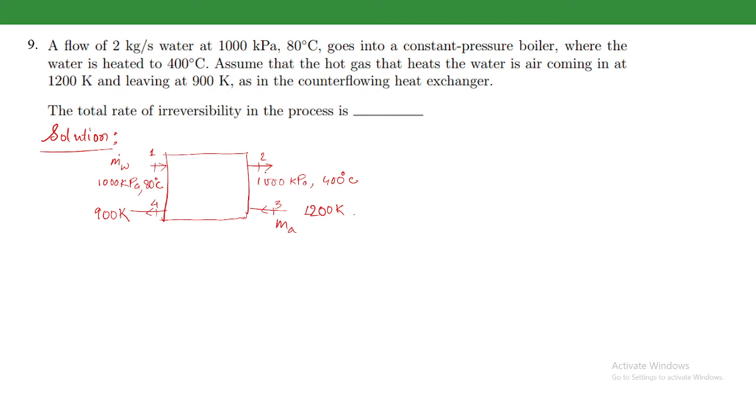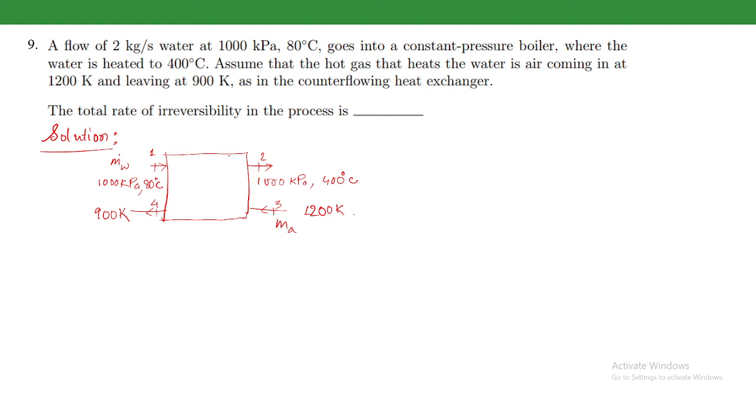Okay, a counter flowing heat exchanger is essentially a constant pressure boiler. I mean, what happens in the boiler? In the boiler two fluids exchange heat so that one of the fluids gets converted to a vapor, which can be expanded in the turbine.